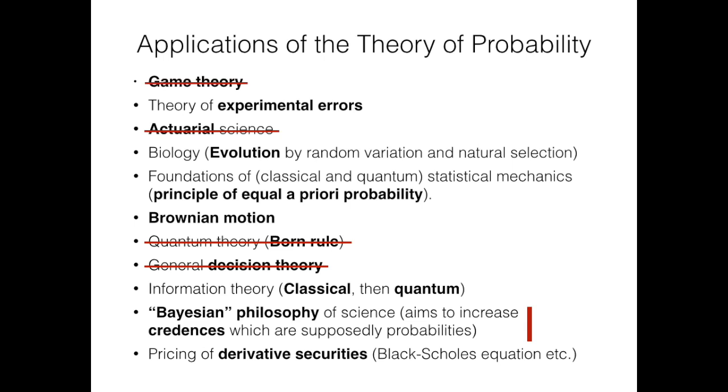And for the same reason, we can strike out the use of probabilities in general decision theory, which is just game theory writ large, and in actuarial science. I just put that in because it was historically a very early application of probability.